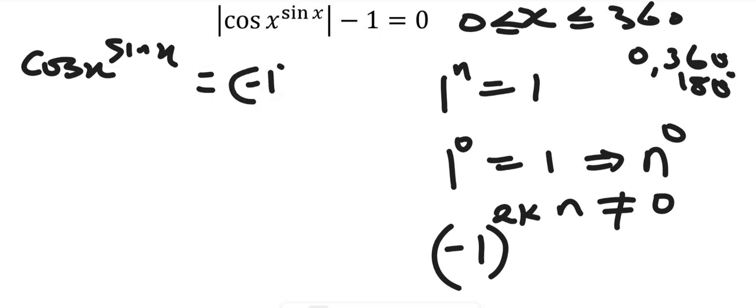I have cos x sine x is equal to minus 1 to the power of 2k, where k is integer.